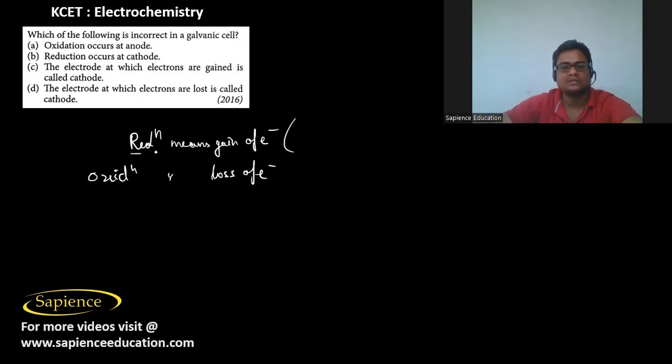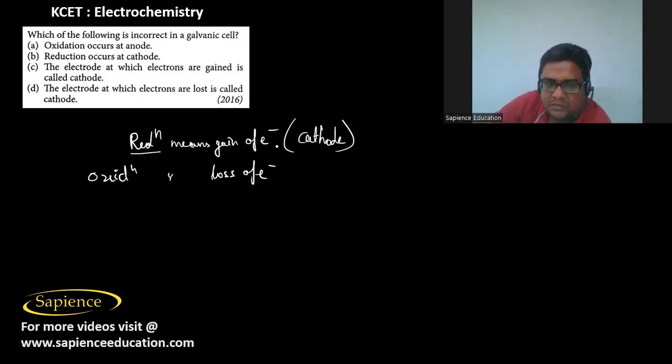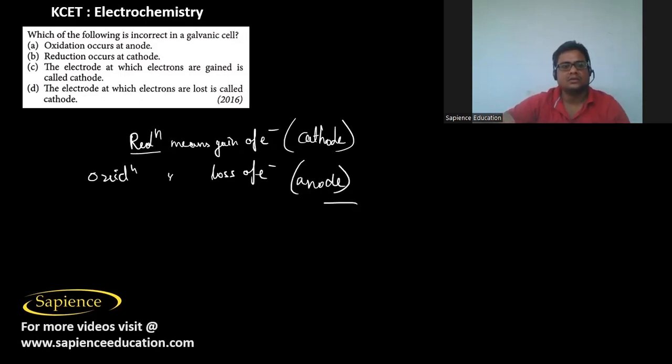So here reduction will happen at the cathode, and oxidation, which means loss of electrons, will happen at the anode. So option D is the wrong statement, so option D is the correct answer, since here it is told the electrode at which electrons are lost is called cathode, which is wrong. It has to be anode.